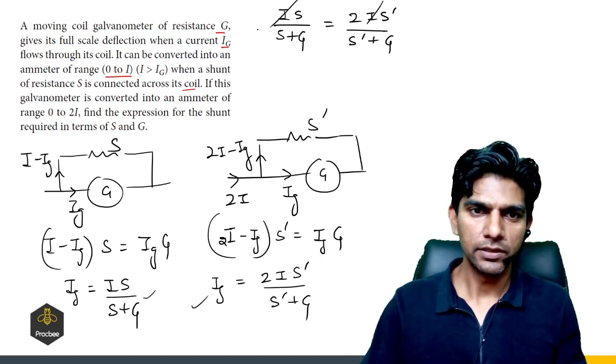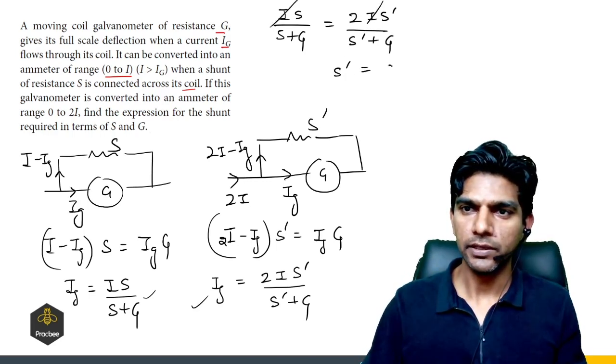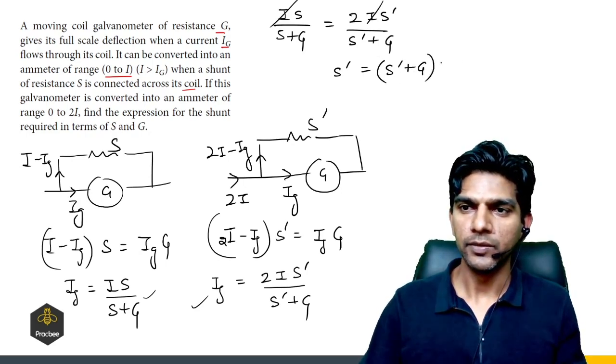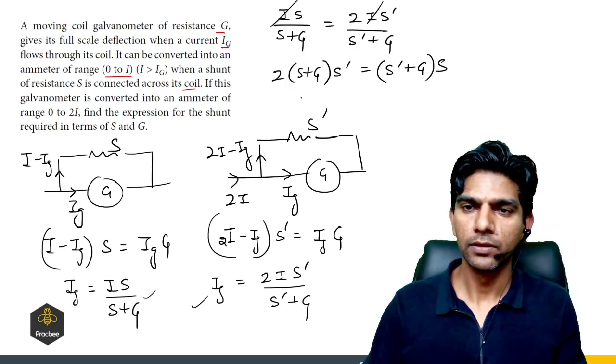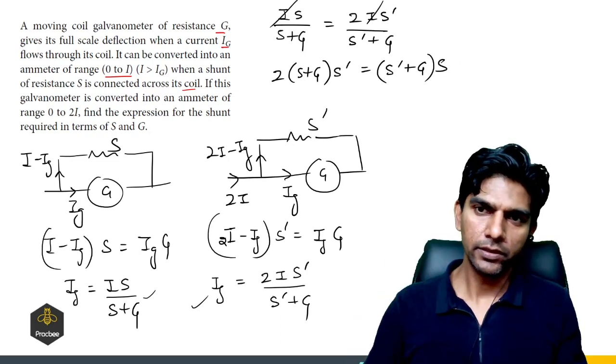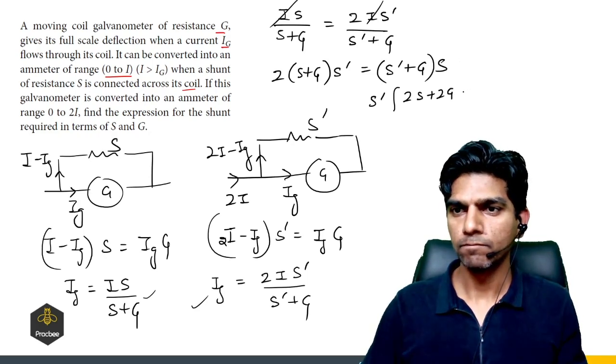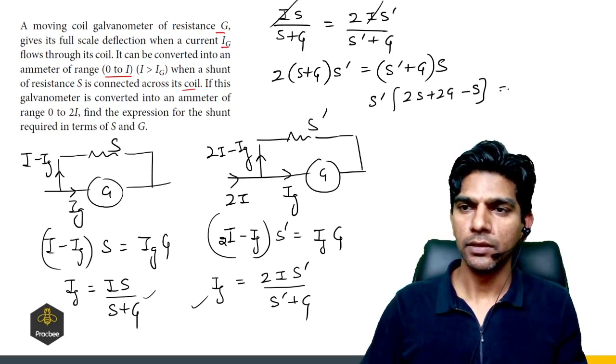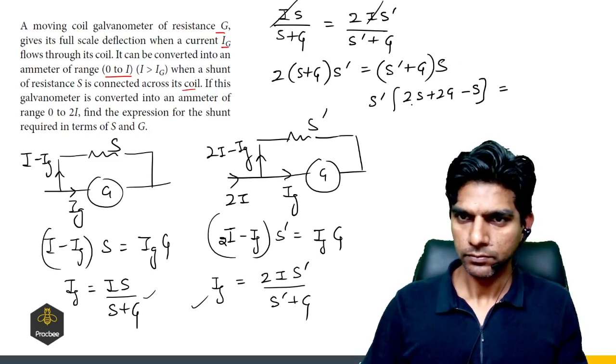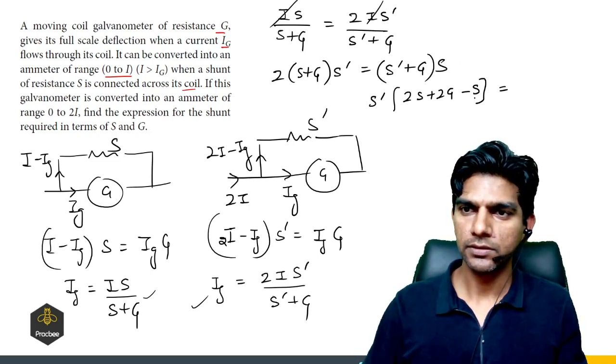So I will get cancelled out. So S prime will be S prime plus G times S, and this S prime plus G plus S, and we have 2 here, so it will be 2 times S plus G. Okay, so from here I can say S prime will be 2S plus 2G minus S equals to GS.